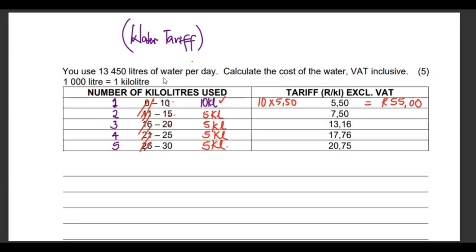Then we go to the next one, which will be 5 kiloliters times the money, which is 7,5, and this will become 37 rands 50 cents.